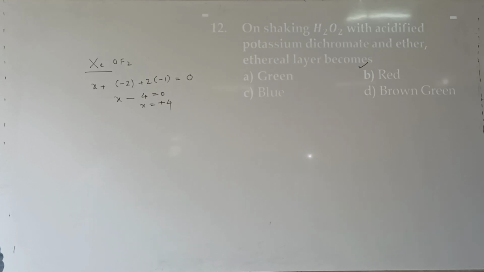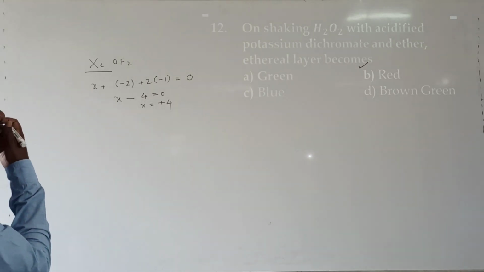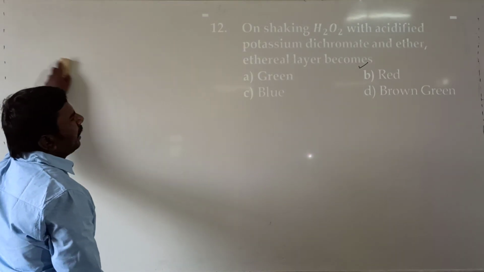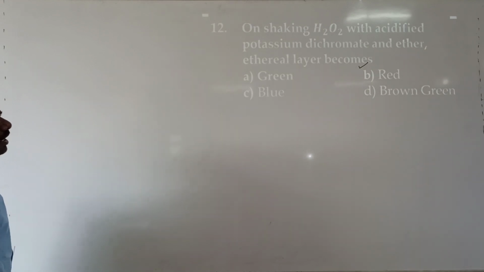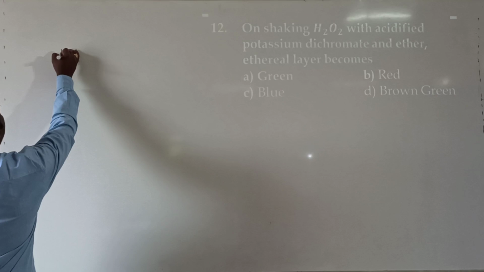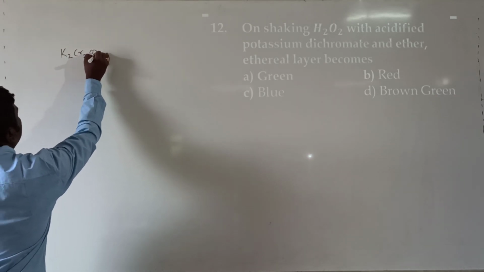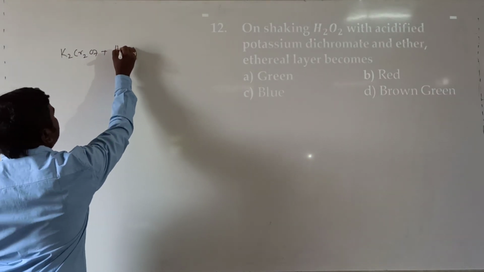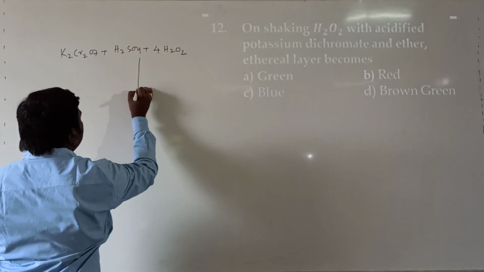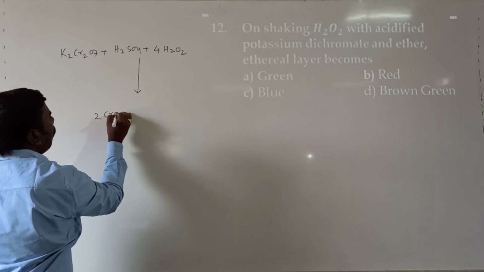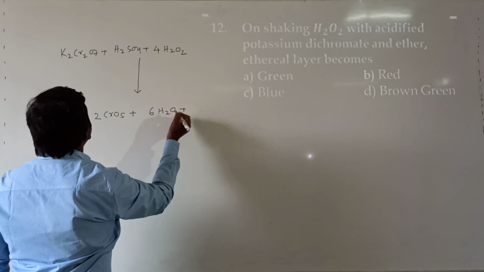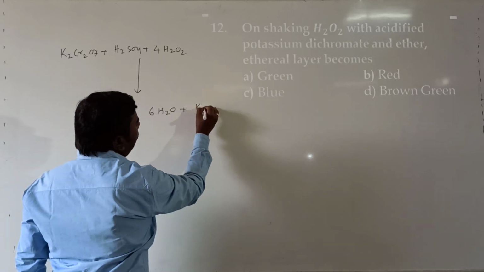Question 12. On shaking H2O2 with acidified potassium dichromate and ether, the ethereal layer becomes which color? It is important. So K2Cr2O7 plus H2SO4 plus 4H2O2 gives rise to 2CrO5 plus 5H2O plus K2SO4.